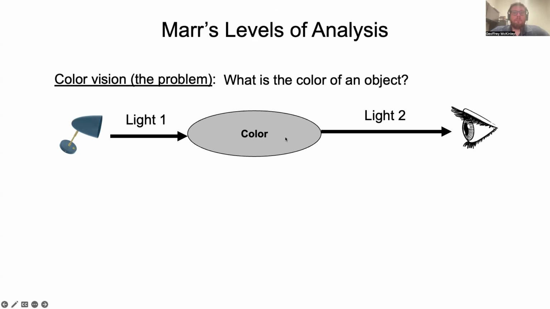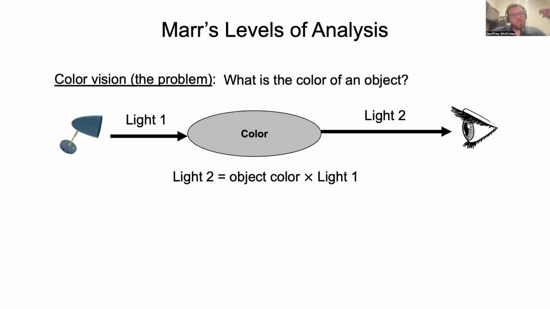However, that light two that we see is both a function of the object's color as well as the color of light one, right? So the light's color is a function of the object's actual color as well as the illuminant that is hitting the object.